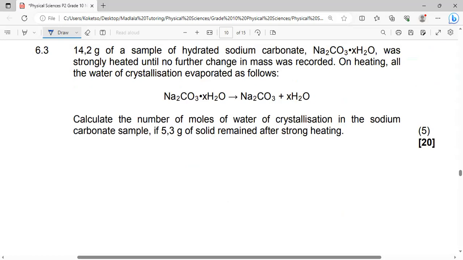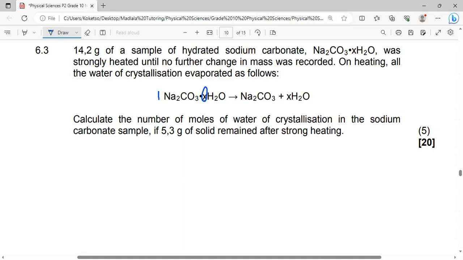14.2 grams of a sample of hydrated sodium carbonate was strongly heated until no further change in mass was recorded. Upon heating, all the water of crystallization evaporated as follows. So we have 1 mole of sodium carbonate that is bound to an unknown number of moles of the water of crystallization.